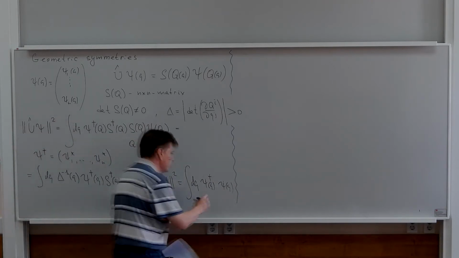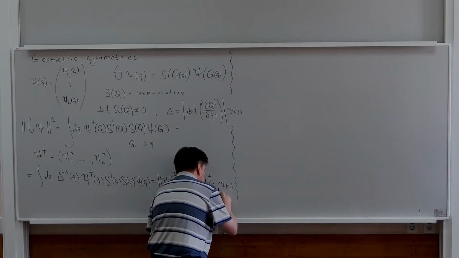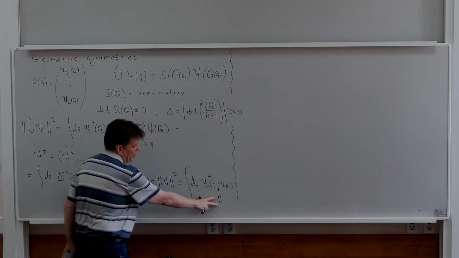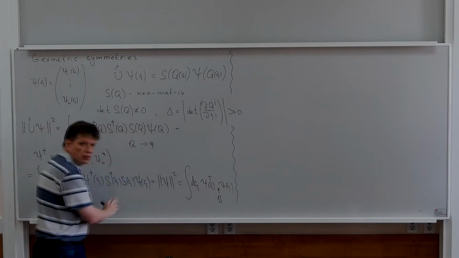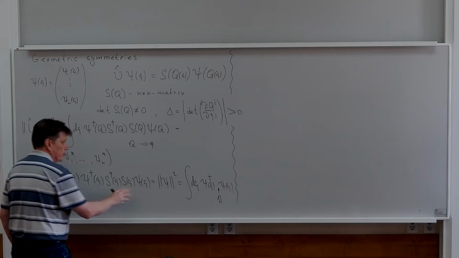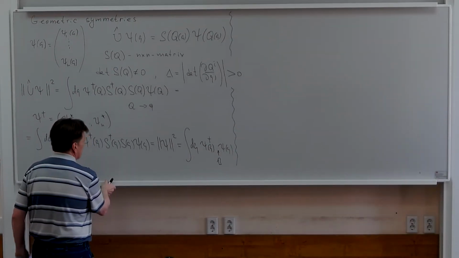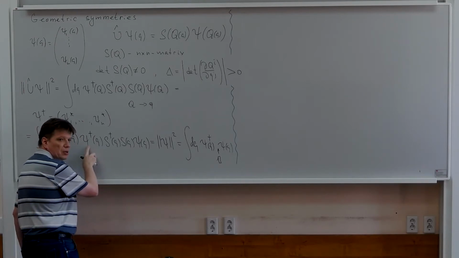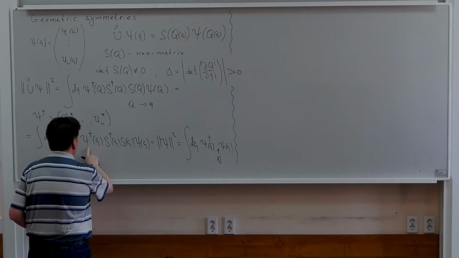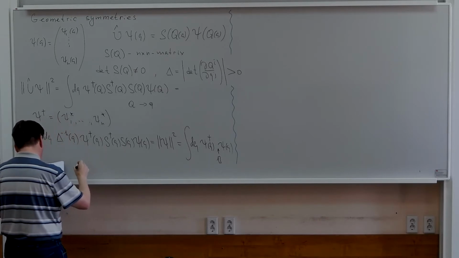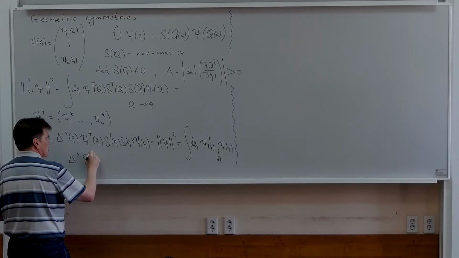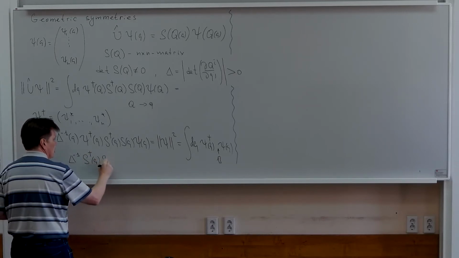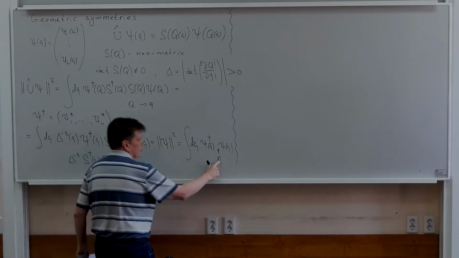Now we can put here the unit matrix, and comparing these two integrals, I conclude that they coincide for an arbitrary psi if and only if delta to the minus 1 times S dagger S of q is equal to the unit matrix.